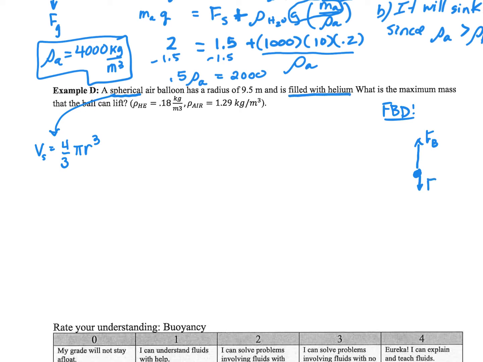So we're going to talk about the force on the helium, right? And the force on the cargo, right? And for it to be floating, exactly floating, it's the maximum mass it can lift. It's going to just barely get it off the ground, isn't it? So those will be barely the same, wouldn't they?